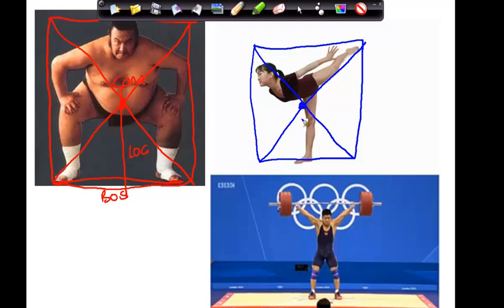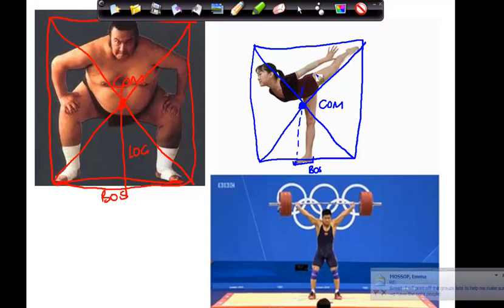So my line's up very straight once again. This is our centre of mass. Our base of support, as you can see, is the area that's only touching the ground, which is her foot. And then the line of gravity is what goes through our centre of mass. So that is our line of gravity.